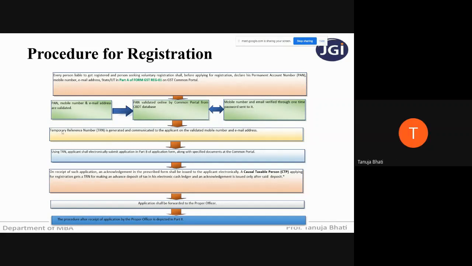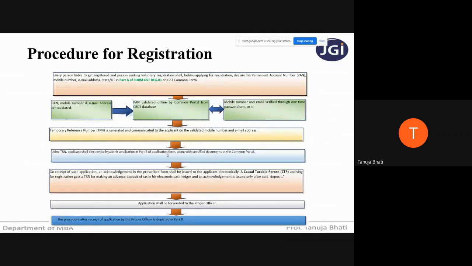Next, using this temporary reference number, what the applicant has to do is fill an application in part B. This was part A. Next comes part B. So, using the TRN, the applicant shall electronically submit an application in part B of the application form along with specified documents on the common portal.